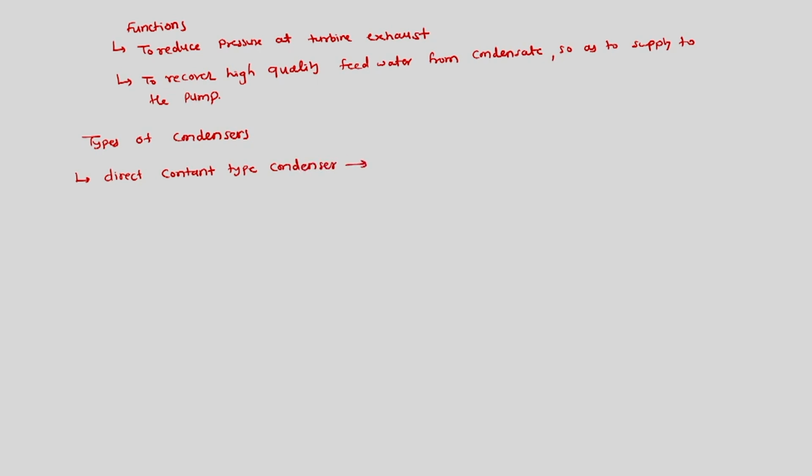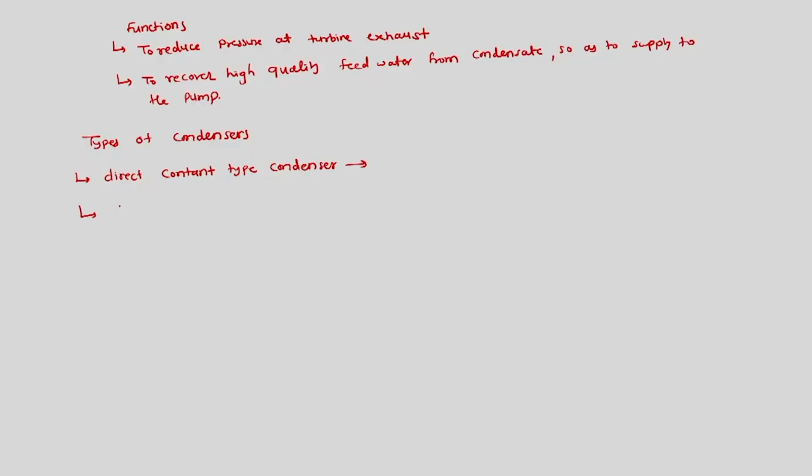Here the cooling water and the steam at the exhaust of the turbine will be in direct contact with each other, and the steam will get condensed in the presence of the cooling water, and then the resultant stream will be used for further processing. So this is the direct contact type condenser.